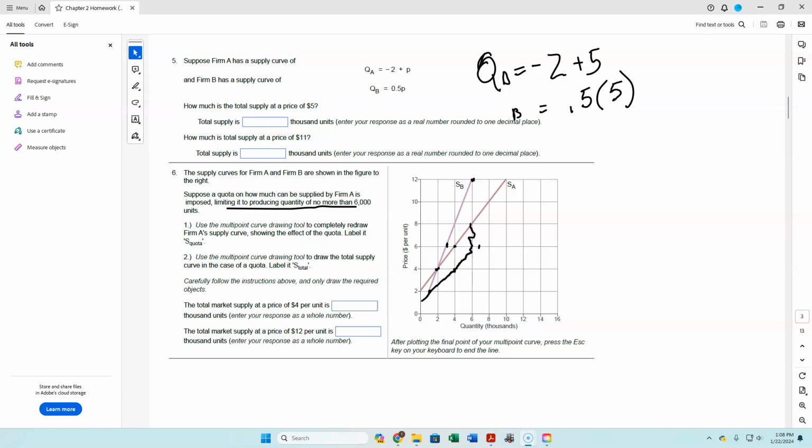Sorry, it's not going to look straight. It's not because I have a hand problem, it's just that I'm trying to do this with a mouse. It should be a vertical line at the limit of 6,000. That would be with the quota.